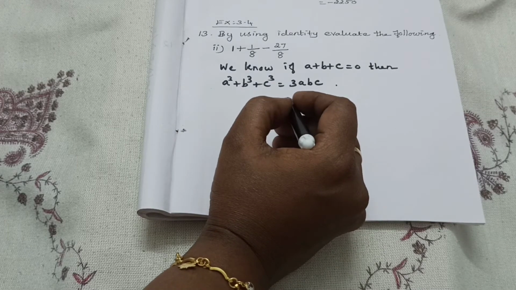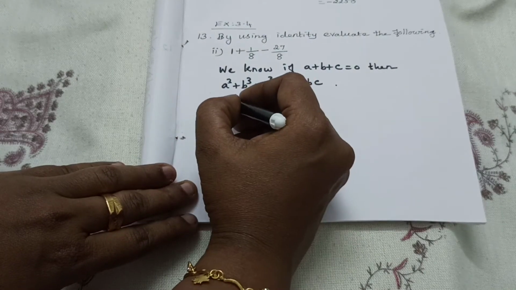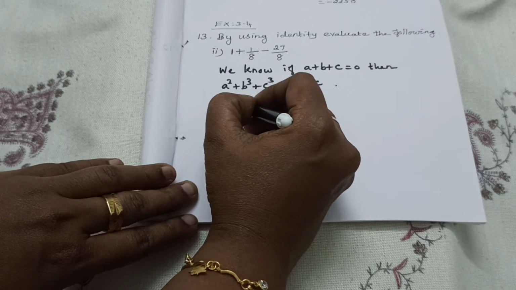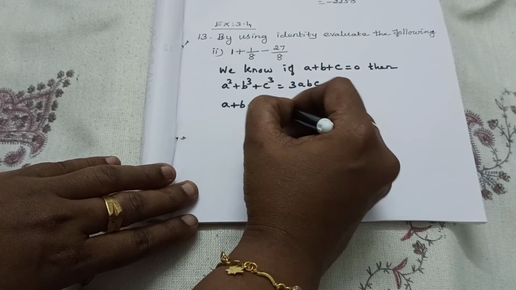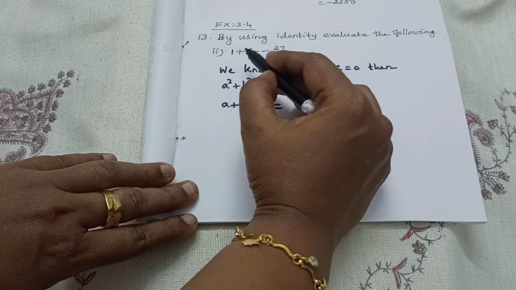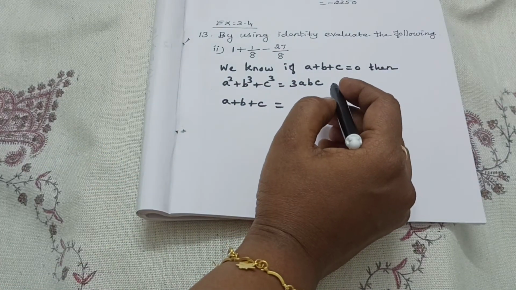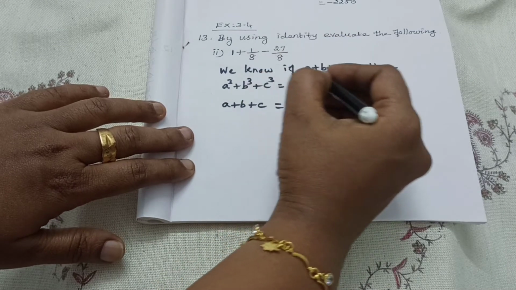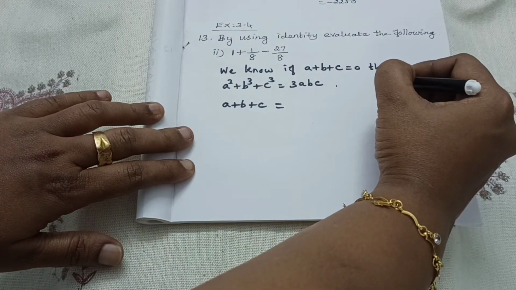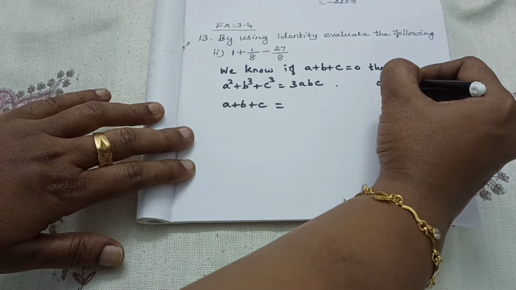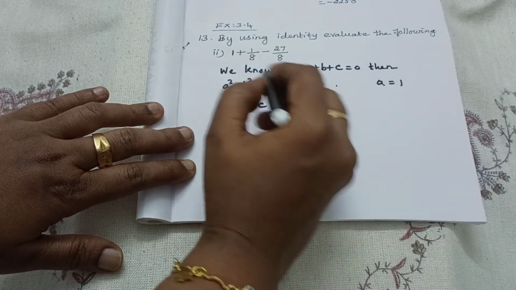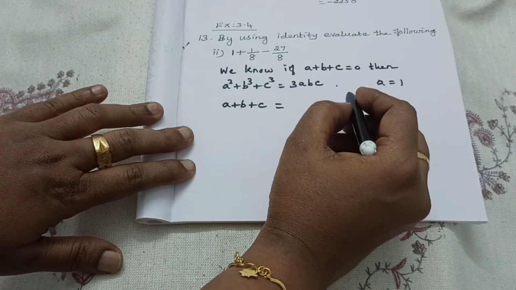Okay. Then here a + b + c is equal to, instead of a, what is given? Before itself we have to write: here a is equal to 1. Okay. b is equal to what is given?